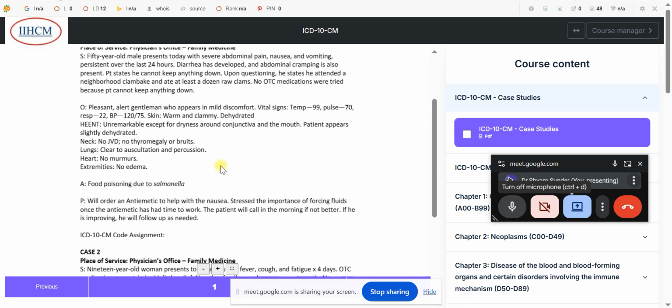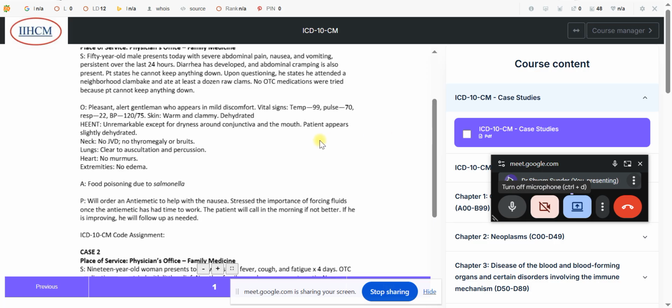And what kind of management is done here? Antiemetic, a drug that is ordered. Stress the importance of forcing fluids once the emptying has had time to work. The patient will call in the morning if not better. So the antiemetic was ordered, right? So there is a prescription medicine, basically.